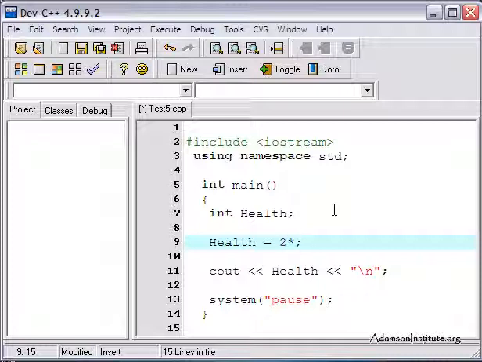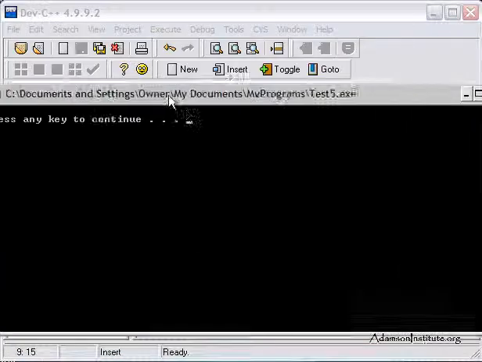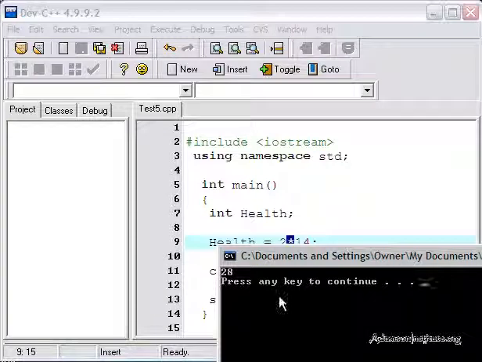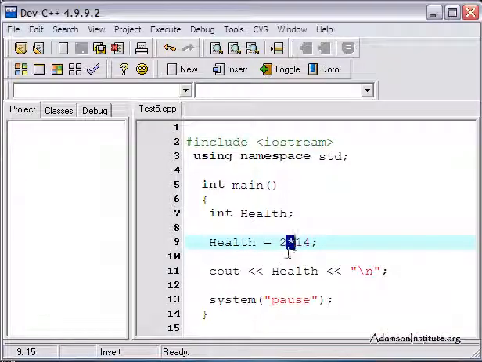So let's say my health originally started out to be 14, and now since I have that gemstone which increases it by a factor of 2, pardon me, this asterisk means multiplication. So let me come over here, and it compiles. I come over here and see what the output is, and the output is 28. And sure enough, 2 times 14 is 28. Press any key to continue.